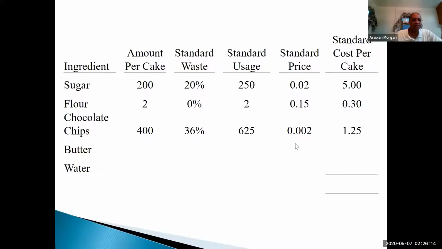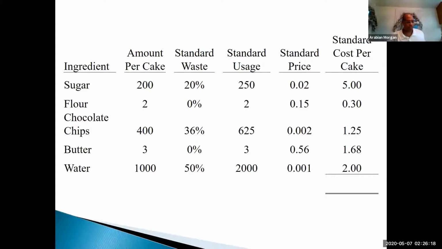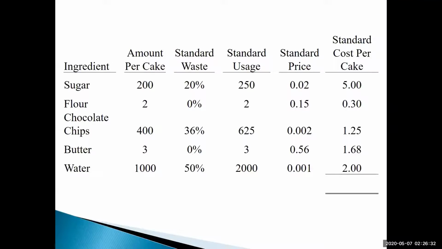Okay, and I'm just going to go ahead and put in here the remaining two line items for butter and water. You can write this in. I'm sorry, but there are not 8,000 more morsels of chocolate chips.